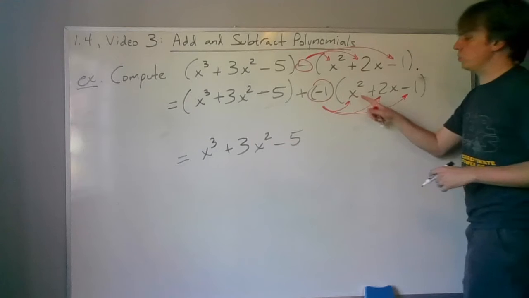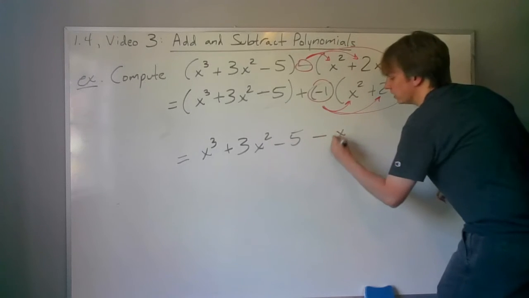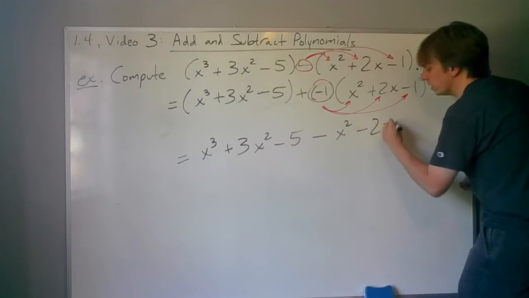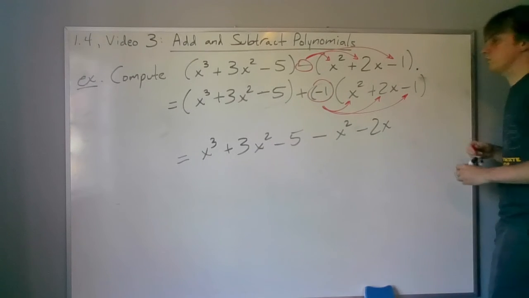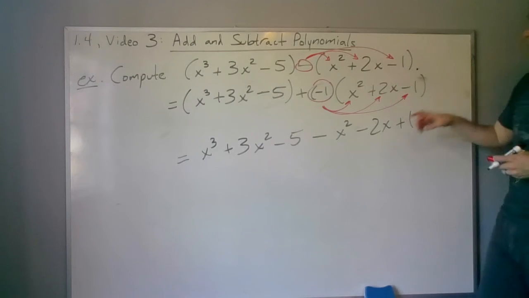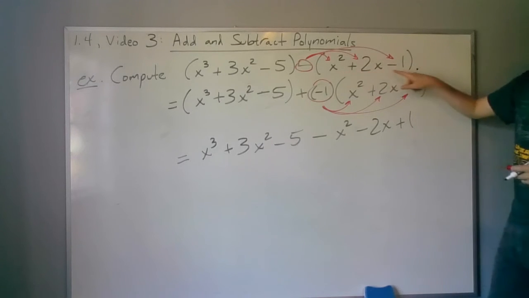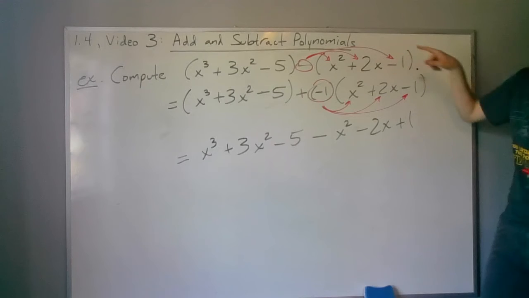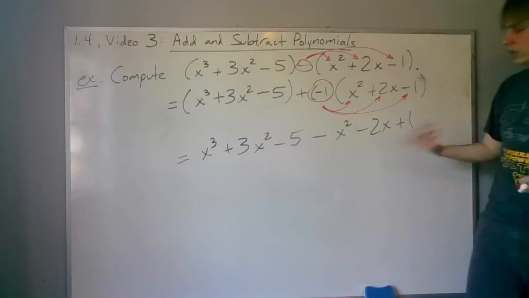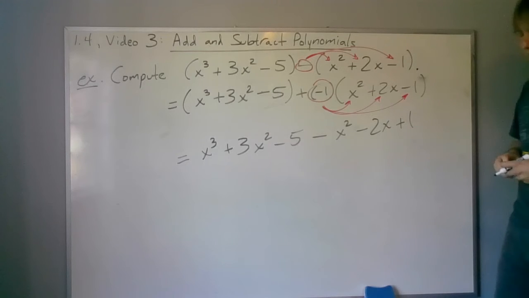We need -1 times x squared, which would be -x squared. We have -1 times 2x, which would be -2x. We have -1 times -1, which would be +1. So essentially we're taking the right-hand polynomial when we're subtracting, and we're flipping all of its signs. So positive, positive, negative flips to negative, negative, positive.